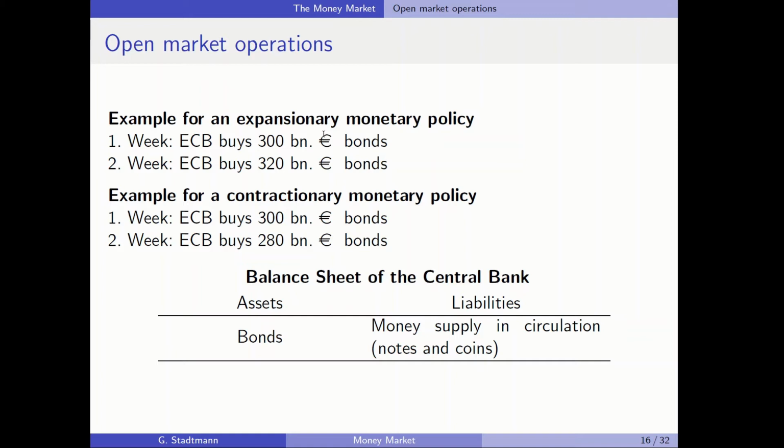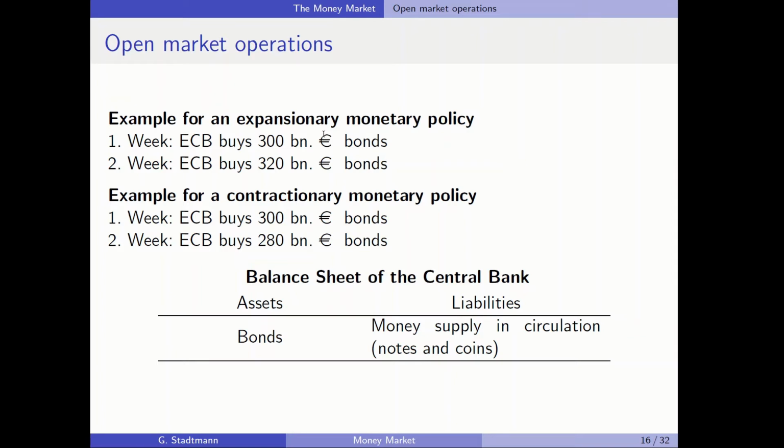Hence, when the ECB is performing an expansionary monetary policy, this leads to more assets on the left-hand side of the balance sheet and also to more liabilities on the right-hand side. So when the central bank performs an expansionary monetary policy, the size of the balance sheet increases.